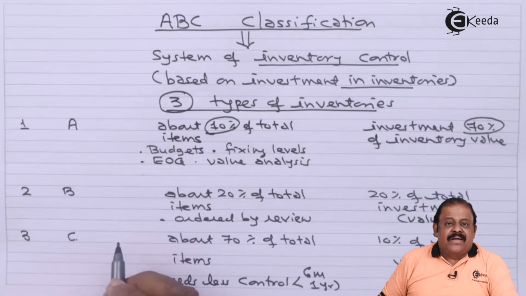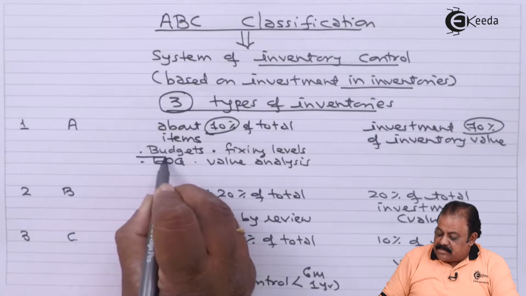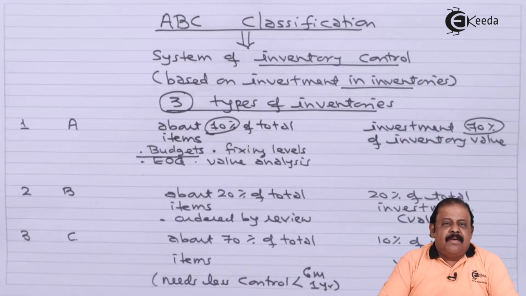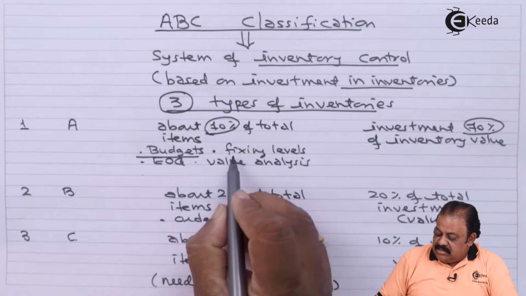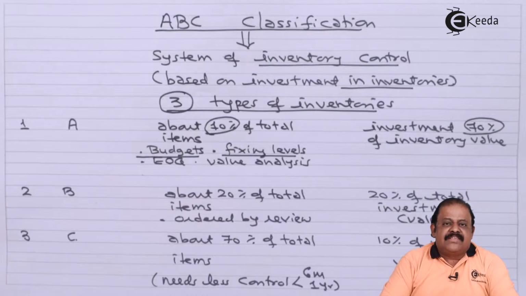Therefore, for this particular category, the management prepares a budget so that there will be budgetary control. Based on some standard cost, the company decides about the budget, the amount to be spent, so that there can be proper monitoring of the amount which is spent on these stocks. Next, there will be fixing of levels.